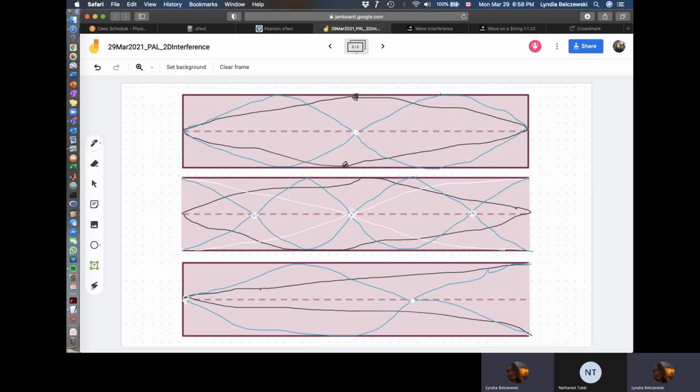Fantastic. But we've introduced a node partway along the tube, because for this second harmonic, we have one antinode now, and then a node, and then it sits along the top or bottom of the tube.